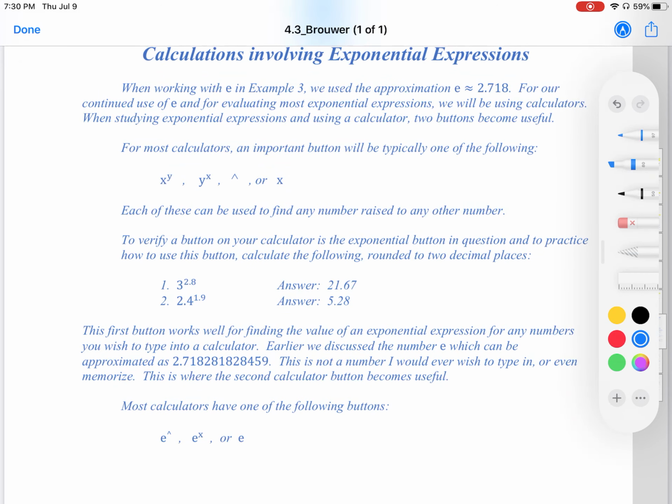Calculations involving exponential expressions. When working with e in example 3, we use the approximation of 2.718. For our continued use of e and for evaluating most exponential functions, we will use calculators. When studying exponential functions and using a calculator, 2 buttons become useful.